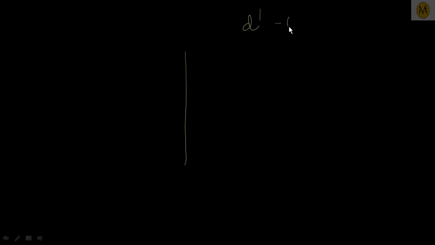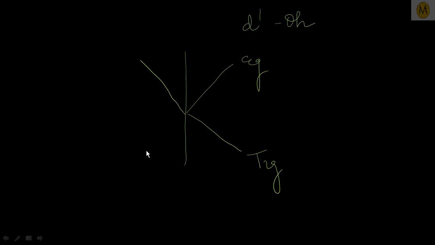So finally, when we draw the Orgel diagram for d1 octahedral, it's like this from the discussion, Eg, T2g, and for d9 octahedral it's the reverse thing. Here we have the T2g and Eg. Why I'm writing this?